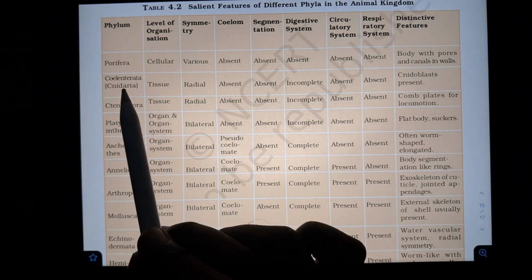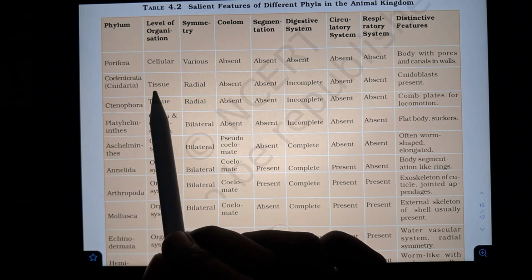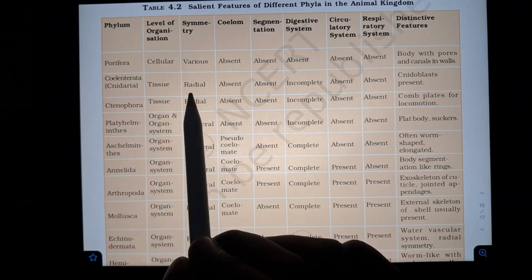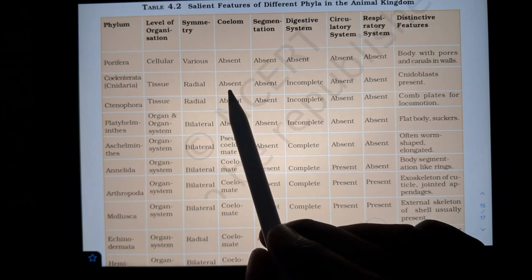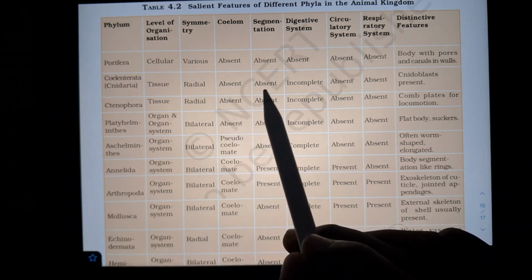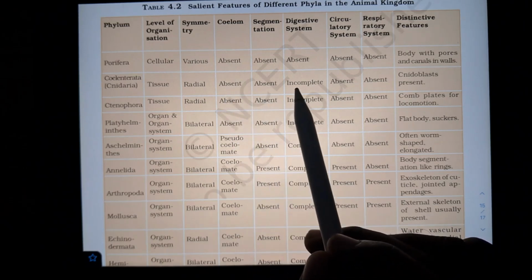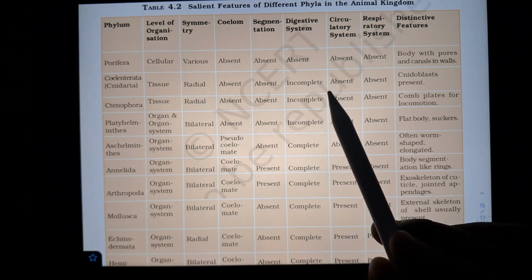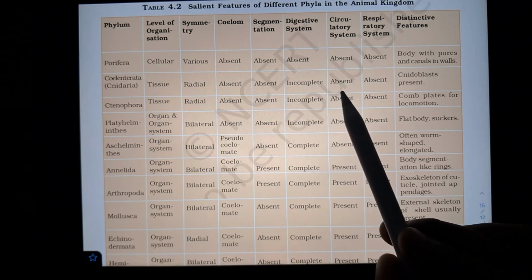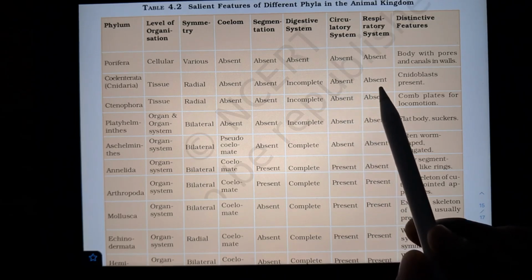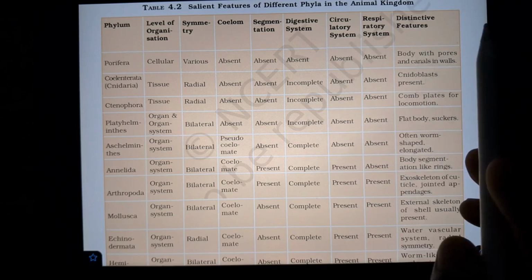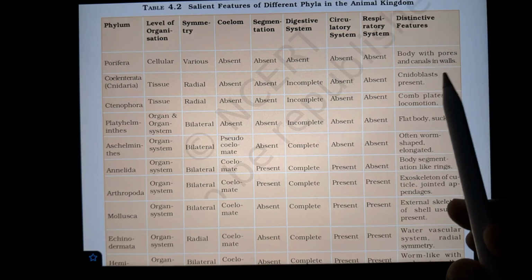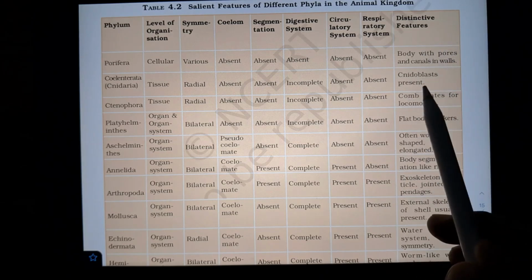Coelenterata or Cnidaria: tissue level of organization, radial symmetry, acoelom, no segmentation, and an incomplete digestive system. There is no circulatory system and no respiratory system. One of the distinctive features is that cnidoblasts are present.